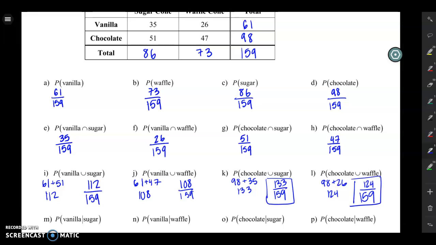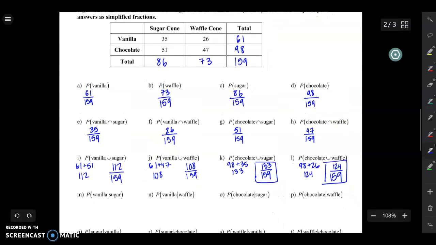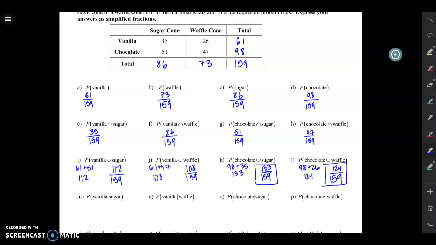Okay, now it's time to look at some conditional probabilities. I'm going to go ahead and zoom out so we can make sure we see the table and the question at the same time here. So in example M, what I'm asking is the probability of someone ordering vanilla given that they've already ordered a sugar cone. So basically I want to know, if I look at just the people that ordered a sugar cone, and I'm choosing from just the sugar cone people, what's the chance that I choose someone who ordered vanilla ice cream?